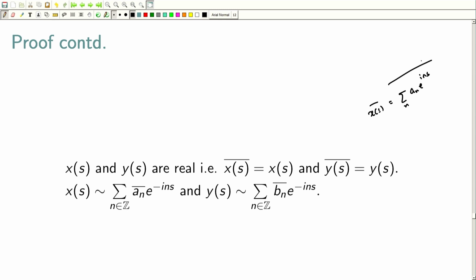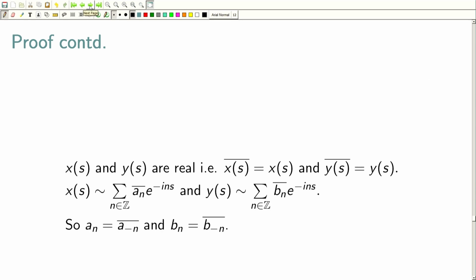Because it is real, this is x of s. Therefore, a n bar e to the power minus i n s. Similarly, the Fourier series of y of s bar is this, and y of s bar is equal to y of s. So, these two are equal.